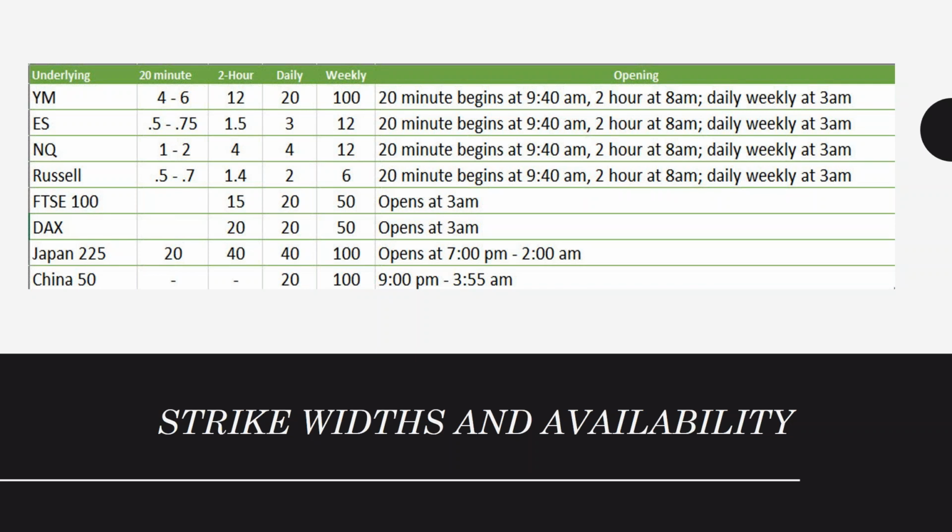They also open at 3 a.m. Now, the Japan 225 has a 20-point strike width on the 20-minute, 40 on both the 2-hour and the daily, and then a 100-point strike width on the weekly. Now, the China 50 is only offered on a daily basis and on a weekly binary option. The daily is a 20-point strike width. The weekly is a 100-point strike width. That market is only open from 9 o'clock p.m. to 3:55 a.m.